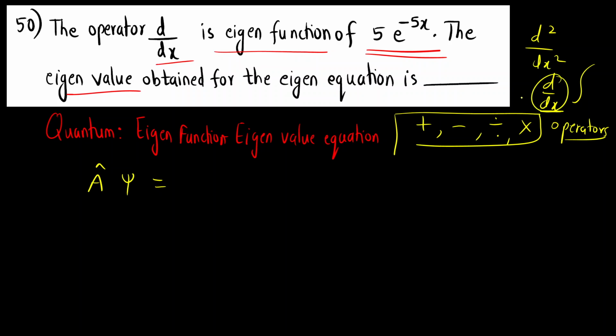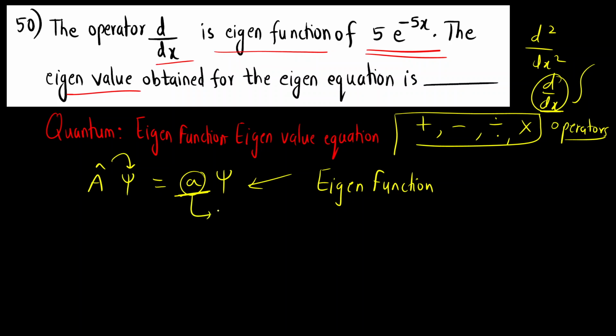Here it is d/dx. You apply this operator on the wave function. If you get the wave function back, then that wave function is called an eigenfunction. And the value that we get, let's say small a, is the eigenvalue. This is the value that we have to find out.